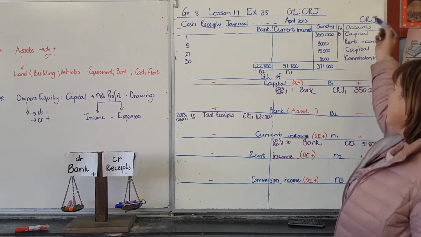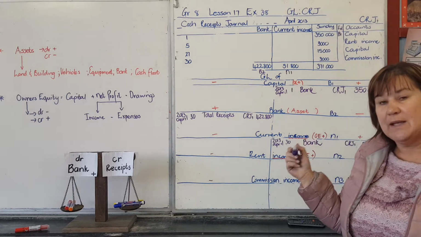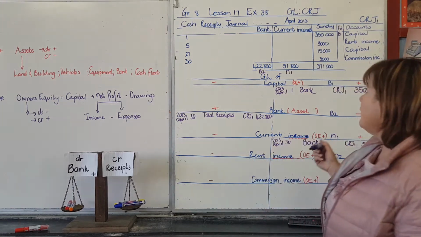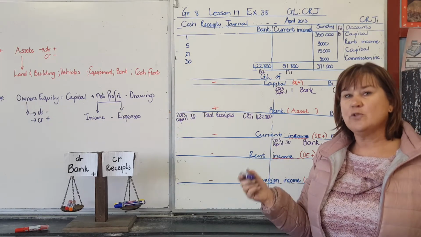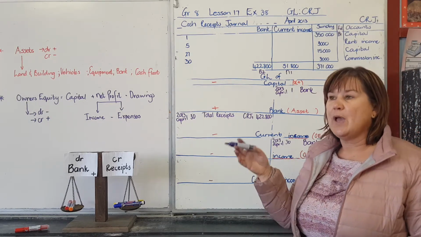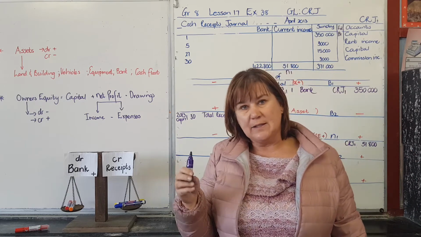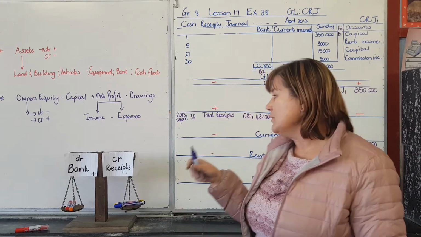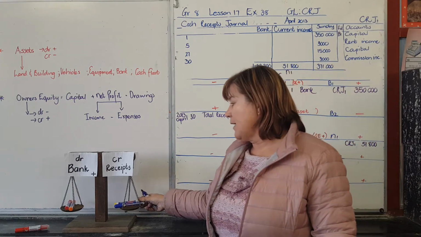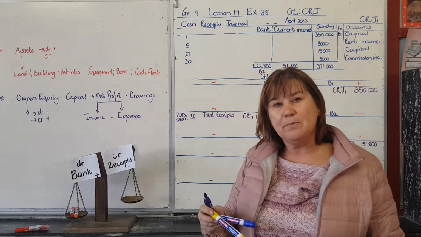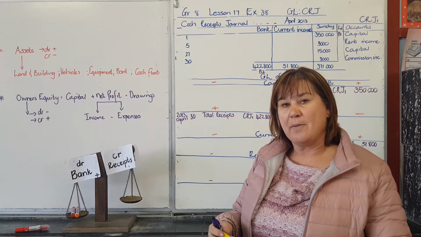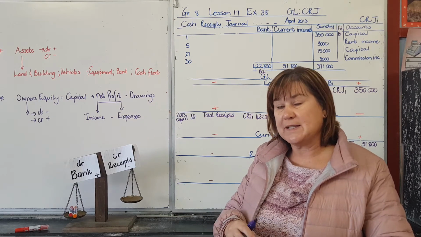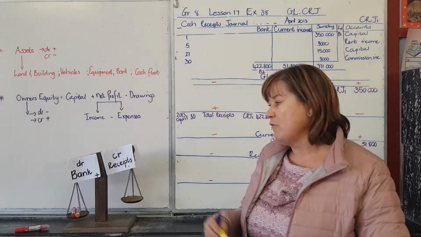Okay? Then the next one is your rent income. So your tenant came and he paid 3,000 Rand into your bank account, or he came to you and you sent somebody to pay that money into the business bank account. Alright, so what happens? The bank account was debited because the bank account increased because the business received money for what? For rent income.